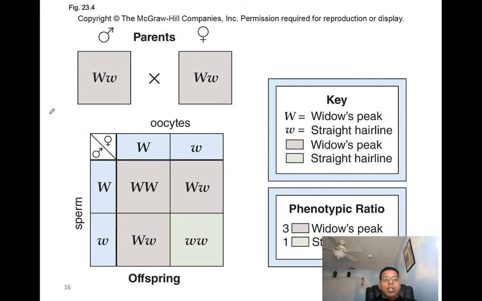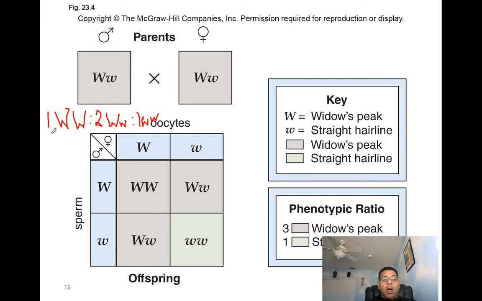So we would write the genotypic ratio as we see here. 1, capital W capital W, 2, capital W and lowercase w, 1, homozygous recessive, which is lowercase w and lowercase w. So that would be the genotypic ratio.